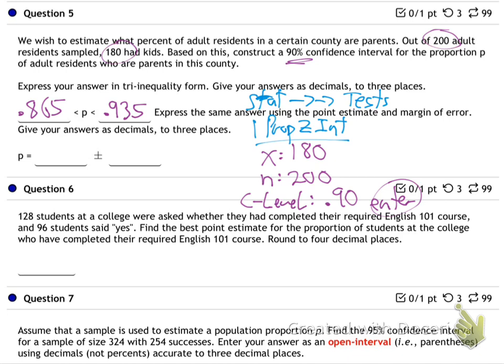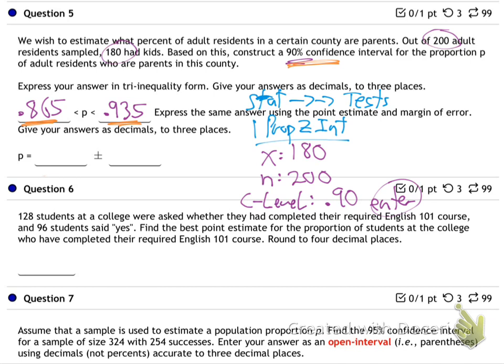But now comes the new part I want to show you. They're going to also ask me to put it in this other format down here, which is kind of like the give or take error format. So I want to take the answer we just got, the 0.865 to 0.935. Everybody good so far? We're saying we're 90% confident, 90% sure that the real average, because they only looked at 200 adults. They just surveyed 200 parents in this county. Now, they didn't ask every parent in the county.